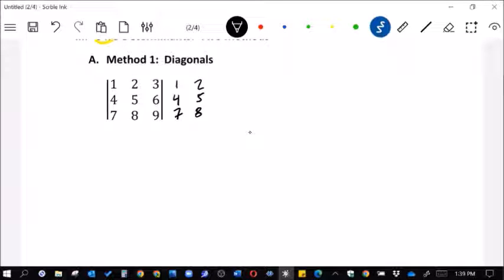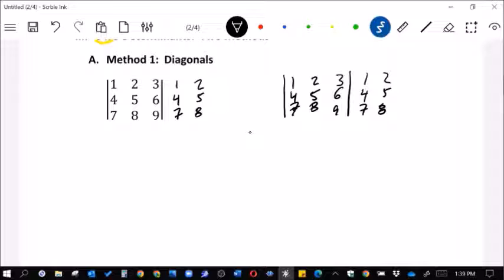So now we have 5 columns instead of 3, and the last 2 columns are the same as the first 2. And then we leave a little space and we redo the whole thing over again. 1, 4, 7, 2, 5, 8, 3, 6, 9.